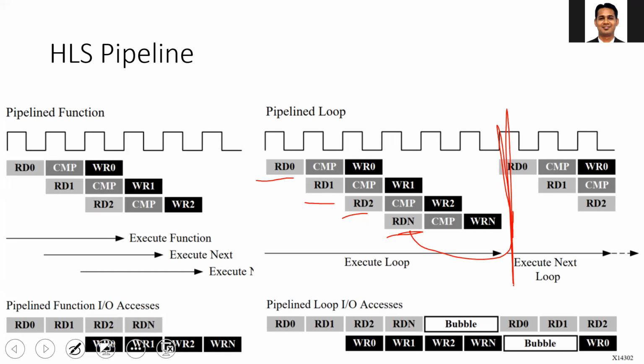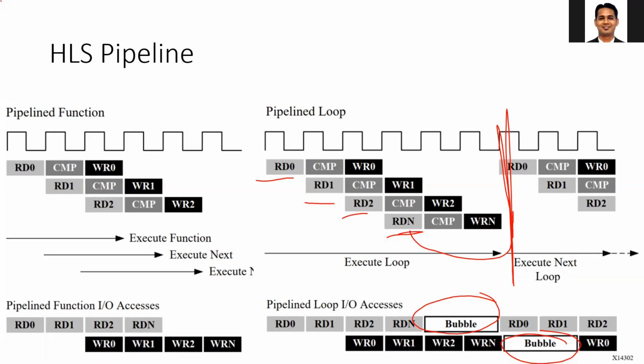In that you have n iterations. You need to complete those n iterations before you start the next execution of the loop. Okay, so what will happen in that? You can see that you will get a bubble. What is the bubble? During this time you are not doing any reading or writing operation. Okay, so the loop must finish all the operations in the loop before starting the next execution of the loop. And this will lead to the bubble.